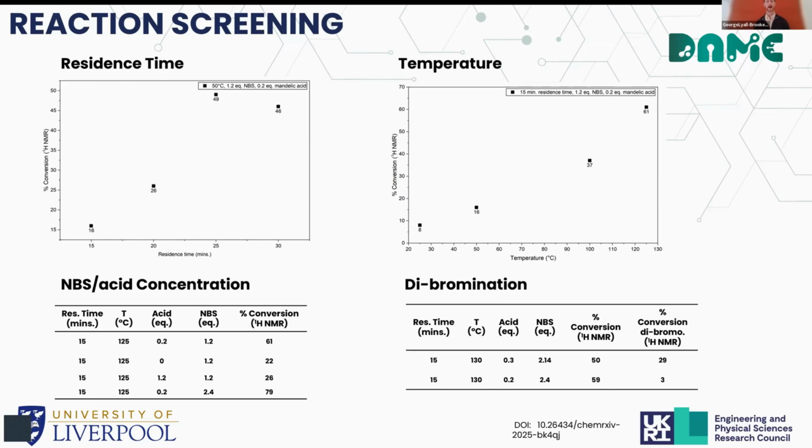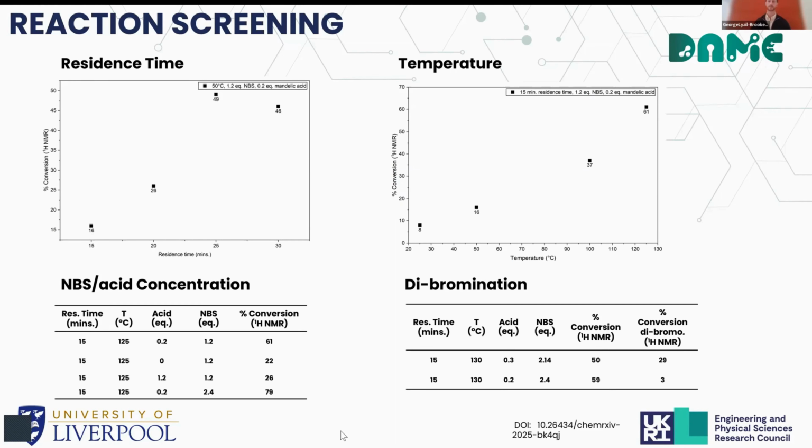Finally, at some of the higher temperature reactions that we'd conducted so far, we started observing the formation of a dibrominated compound, which I'll show on the next slide. We wanted to screen this to gauge at what conditions this would form.